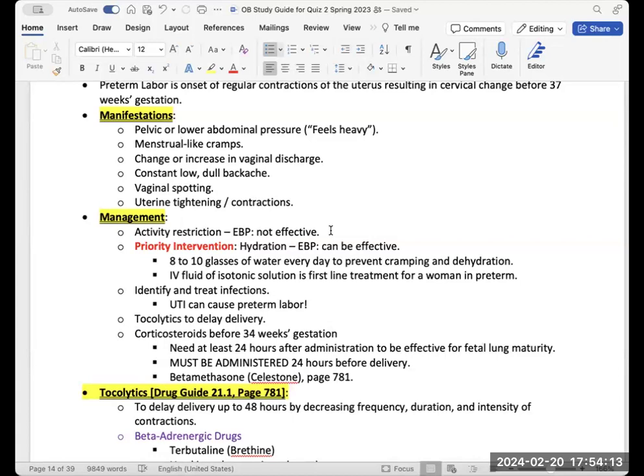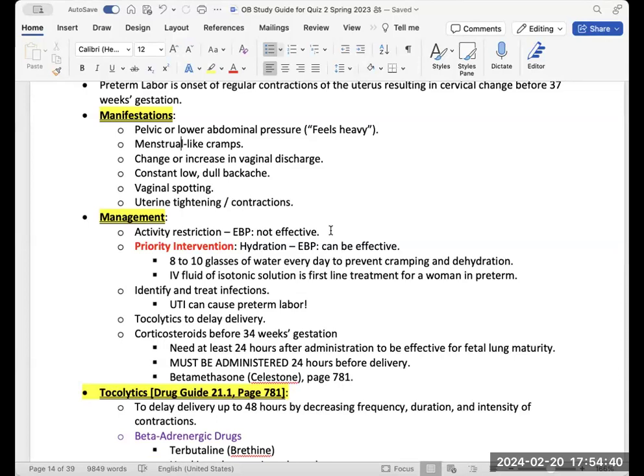Tocolytics can delay labor, so we might give them one of these, especially if it's preterm labor before 37 weeks. And corticosteroids before 34 weeks gestation. We need to give corticosteroids at least 24 hours before delivery to be effective for fetal lung maturity.